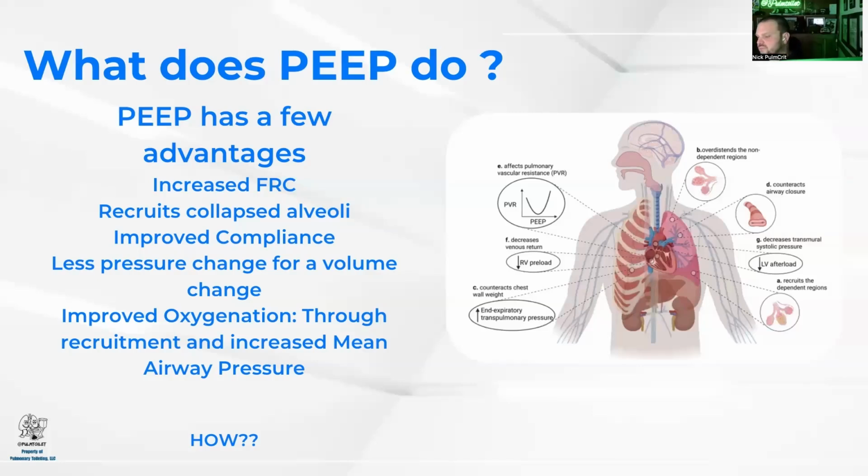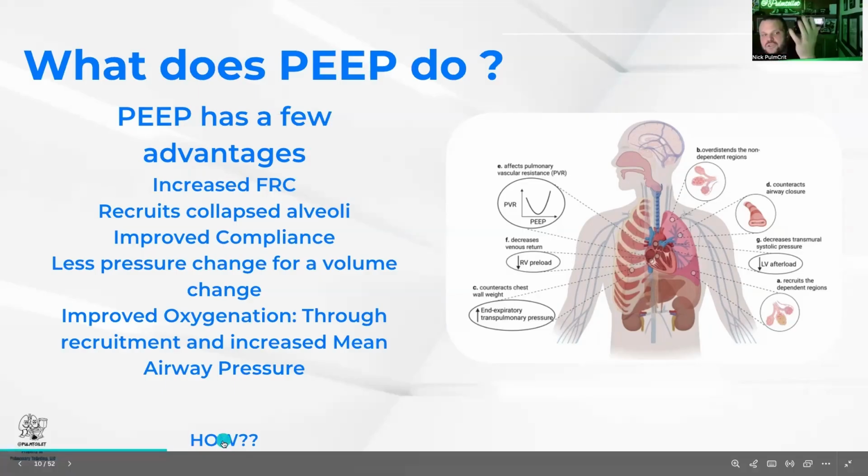Increasing your PEEP in regular volume control, you are going to recruit lung and then get closer to FRC. So it improves your compliance because you have more lung units to participate in gas exchange. So your overall pressure is going to go down. So if you have a certain amount of volume you need to deliver, you'll need less pressure to deliver that volume because you'll have more lung units involved in gas exchange. And you improve your oxygenation through increased mean airway pressure.